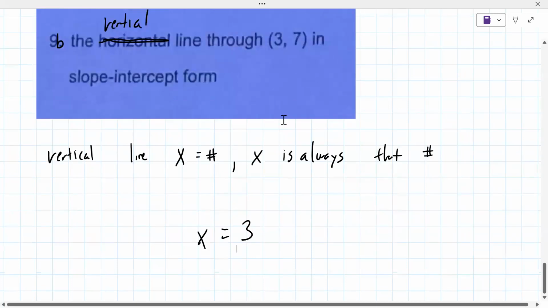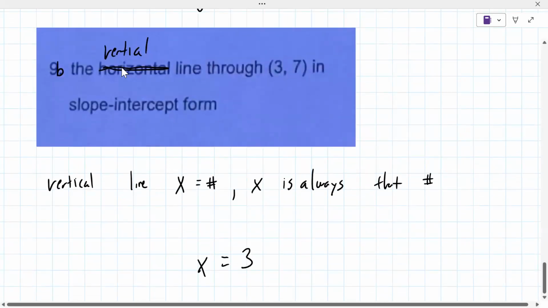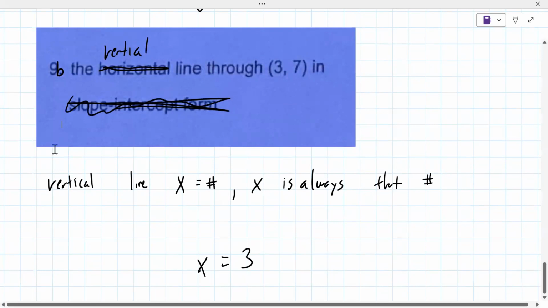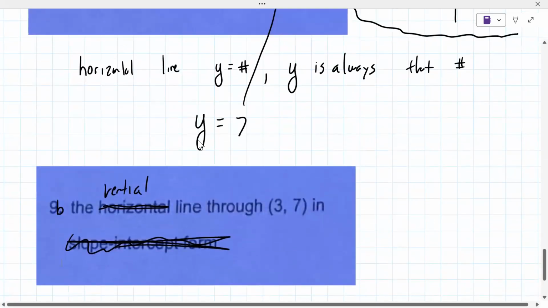For the vertical line through this point, this doesn't apply. It is always this: x equals a number. I know it says slope-intercept form. That's weird. The two takeaways you have to make is that you have to be able to quickly write what a vertical line is, x equals, and a horizontal line, y equals.